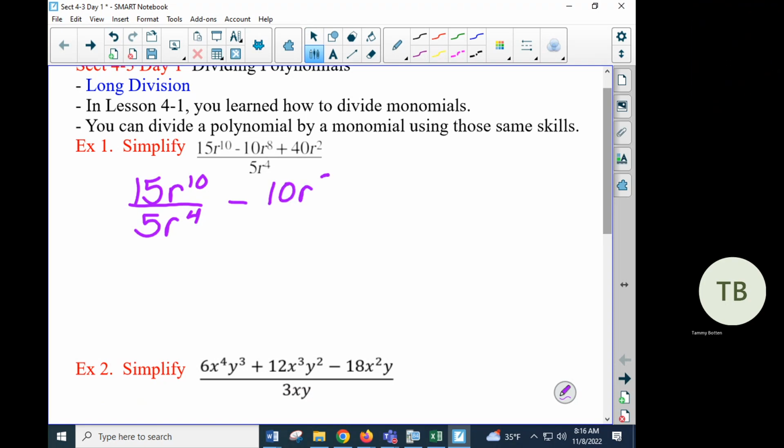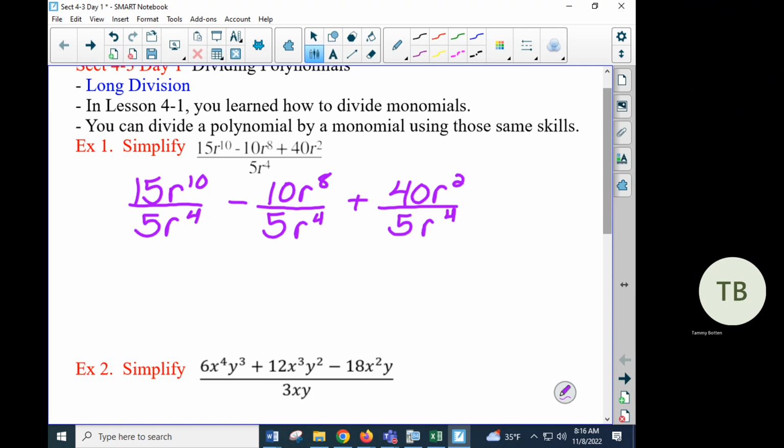And as you get good at this, you probably could simplify things in your head without doing this. But I will always write it like this first. And then once you write those, you just basically have 3 separate division problems, okay?